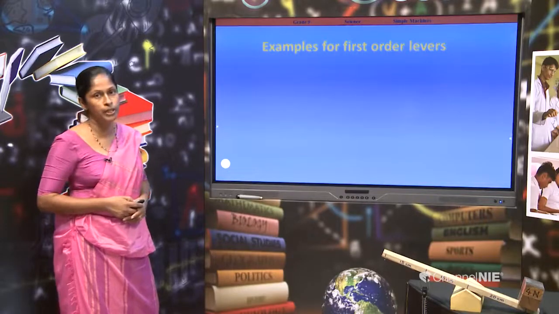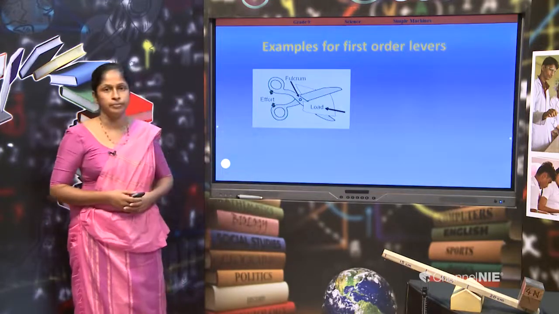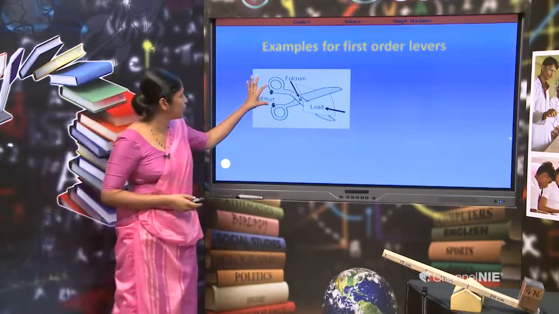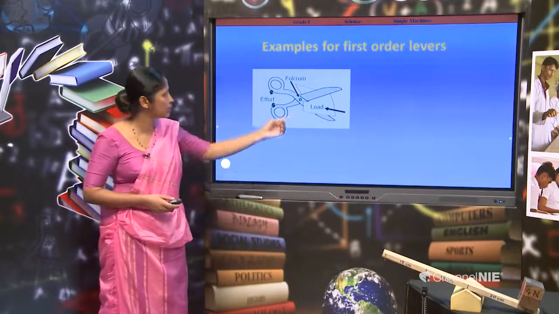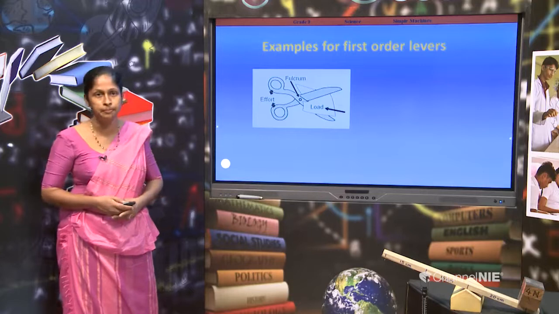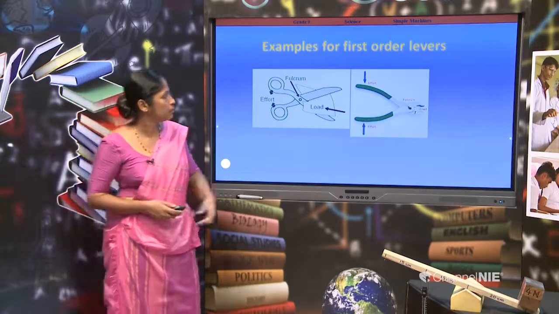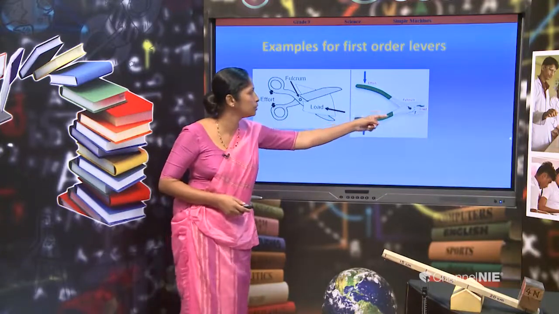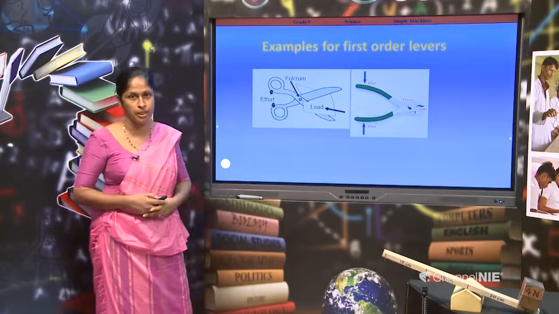Examples for first order levers: scissors, effort, fulcrum and load. You can see the fulcrum in the middle. Pliers, effort, fulcrum and load. The fulcrum is in the middle.